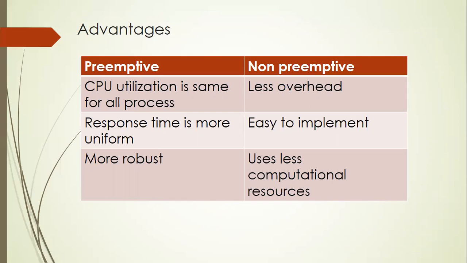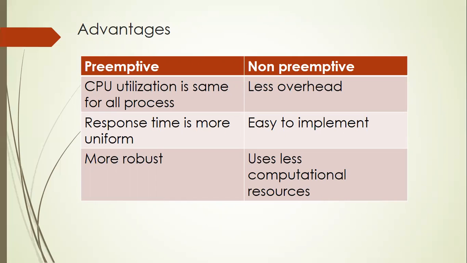Every process can keep the CPU busy only for a specific period of time. The CPU utilization is the same for all processes, and the response time is more uniform, because every process has a waiting time and a response time. One process need not wait for a very long duration, which is not the case in non-preemptive policies, and it is more robust.